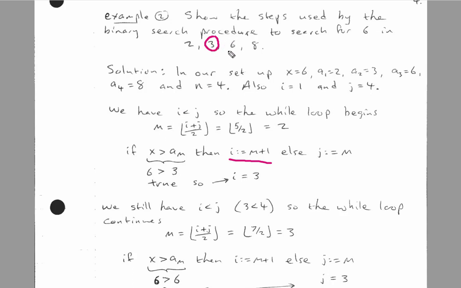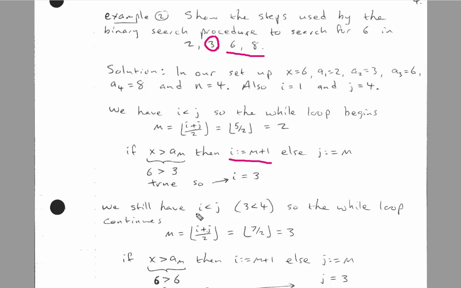So that tells us that the number we're looking for has to be in the top half of the list. So we're moving i from 1 up to 3. Now we just have to search in this range from i equals 3, the third element, to j equals 4, the fourth element. So that's progress.